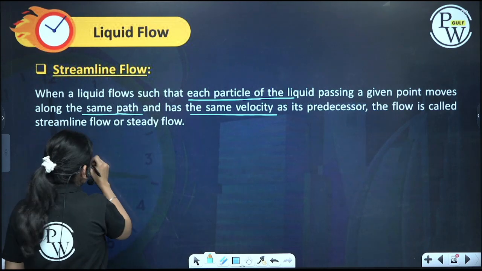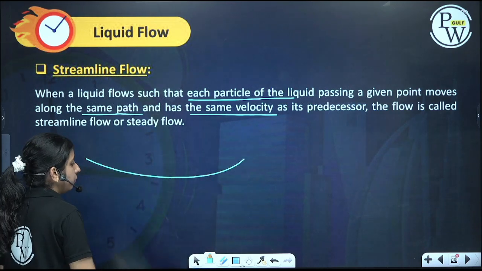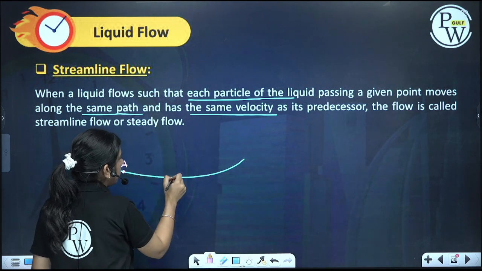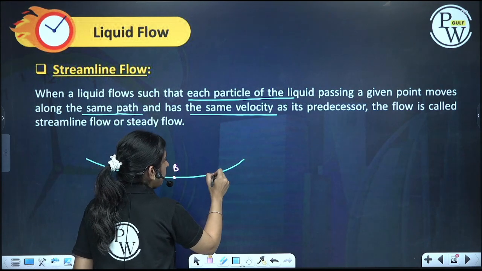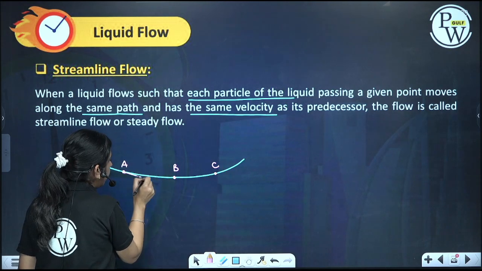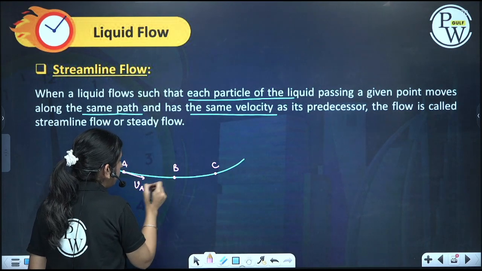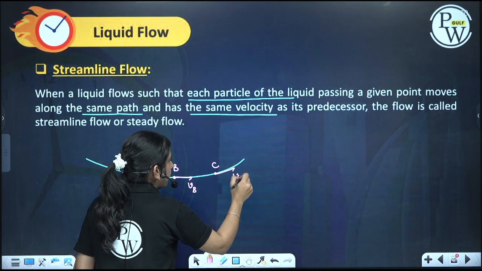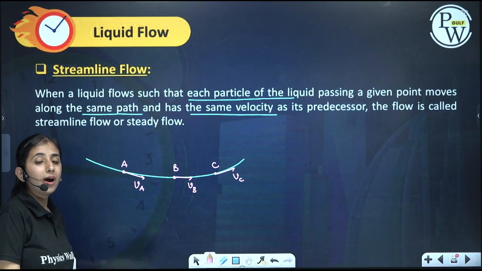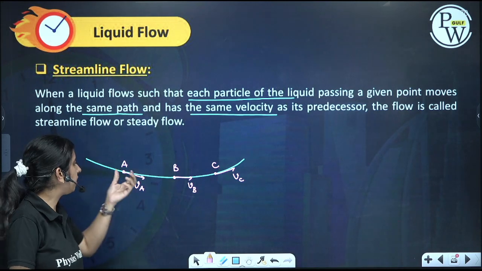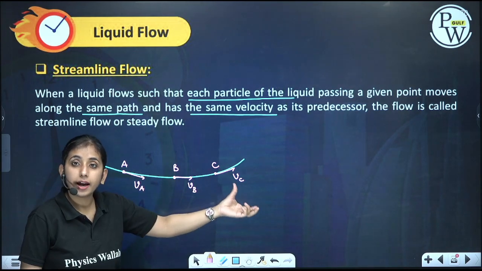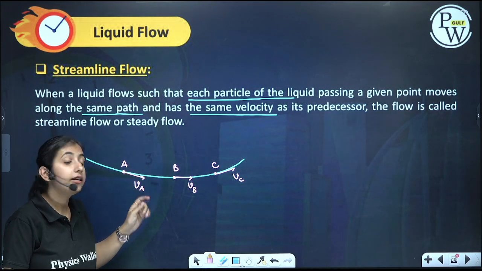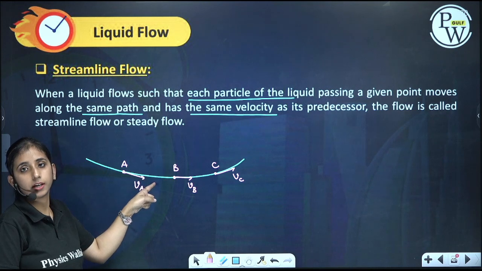Suppose this is the path of a liquid flow, and at A, B, C, a molecule has velocity VA at A, VB at B, and VC at C. Every molecule, when it comes to A, will have this velocity in this direction.